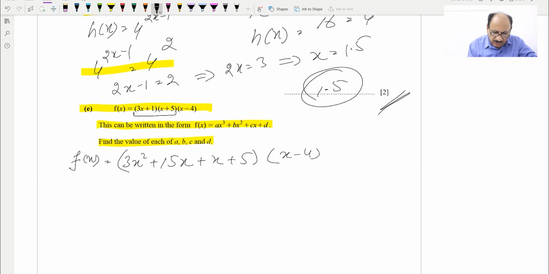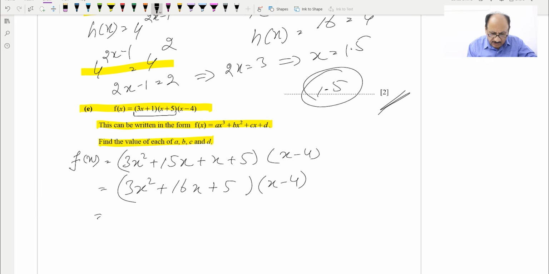We will copy, and then we can add the like terms in this one, and we will get 3x square plus 16x plus 5, and second term as it is x minus 4.